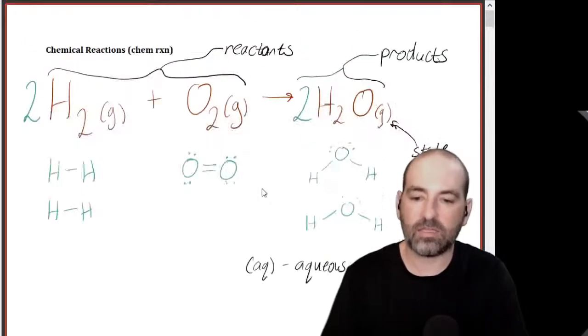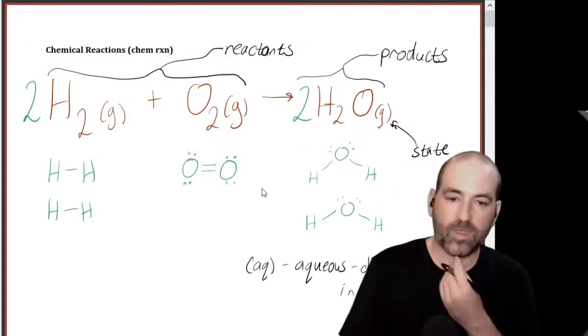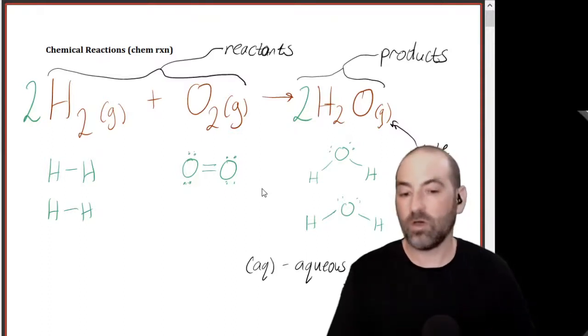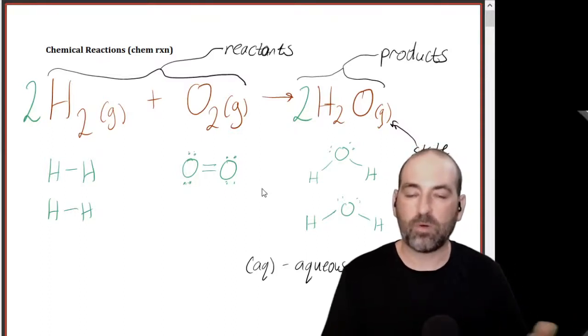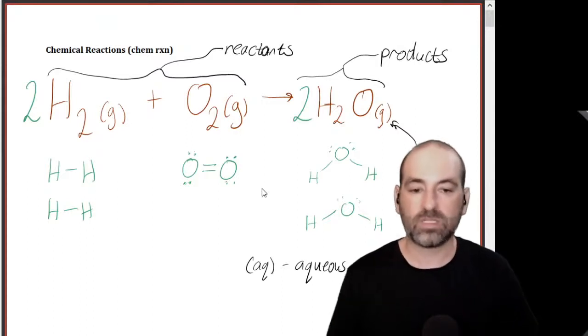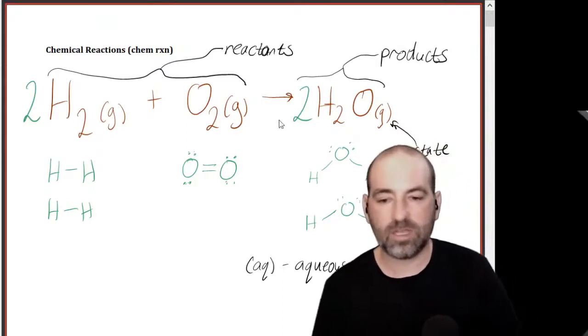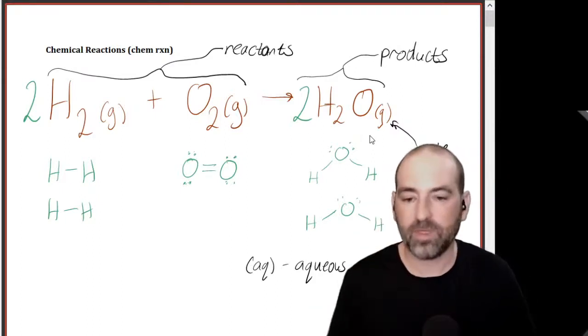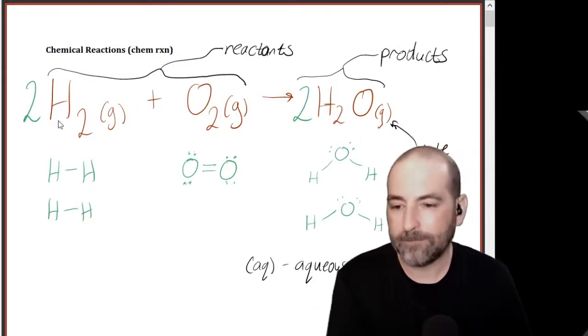Now, the states will often be given, but if they aren't, you won't necessarily know them. So when we get into actually writing some equations later, we'll often leave the states off just because we don't necessarily know what they are in that particular reaction. That's fine for now.